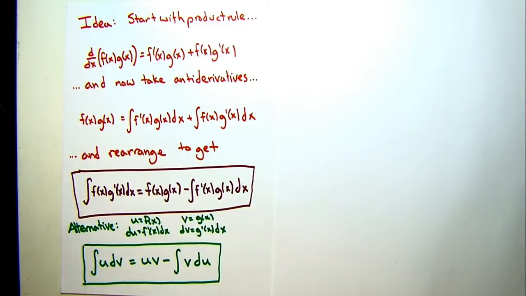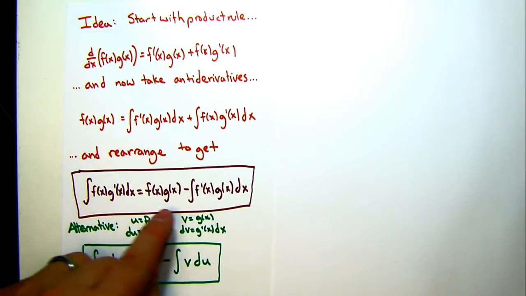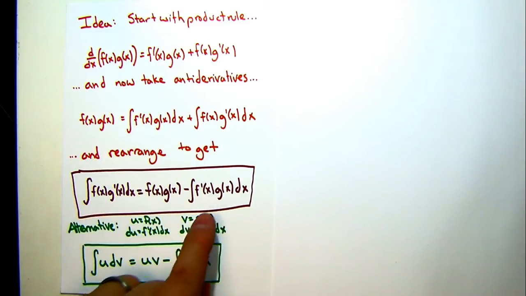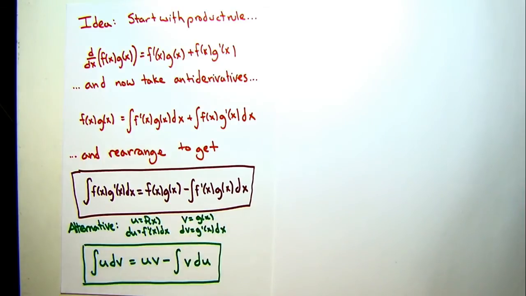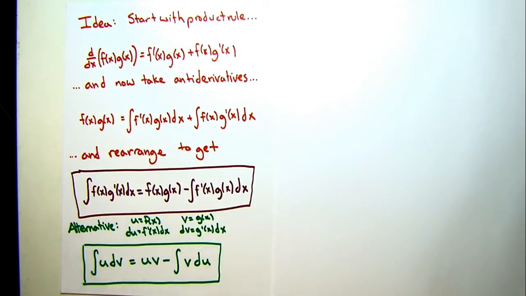Now there's a couple of different ways you'll see this written, and a very common way is using u's and v's. So if I let u be f of x, so everywhere I see f of x, I'm going to say that's u, and notice that f prime, I'll call that du. v is g of x, so everywhere I see a g of x, I'll put v, and dv will be g prime.